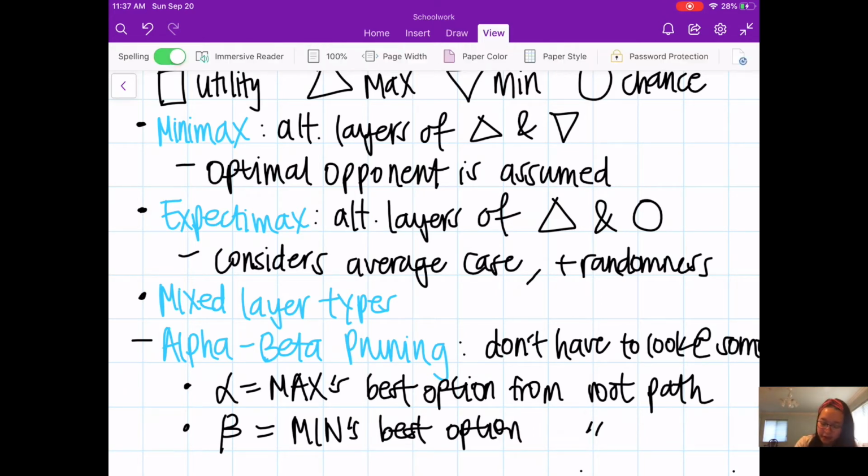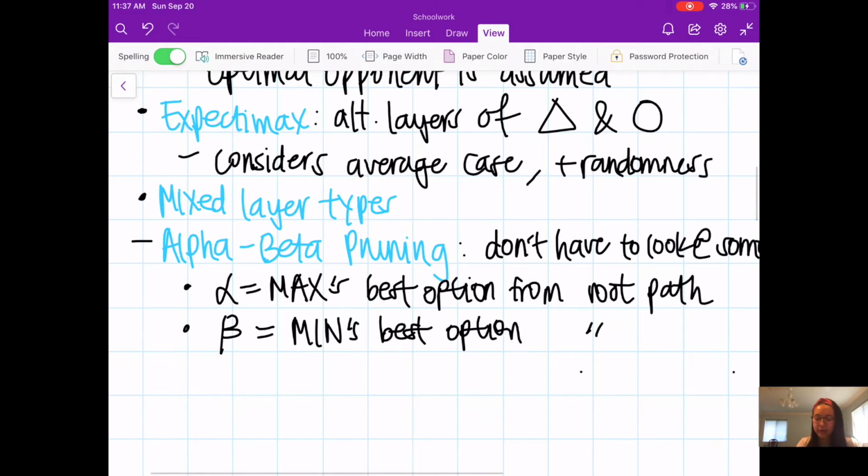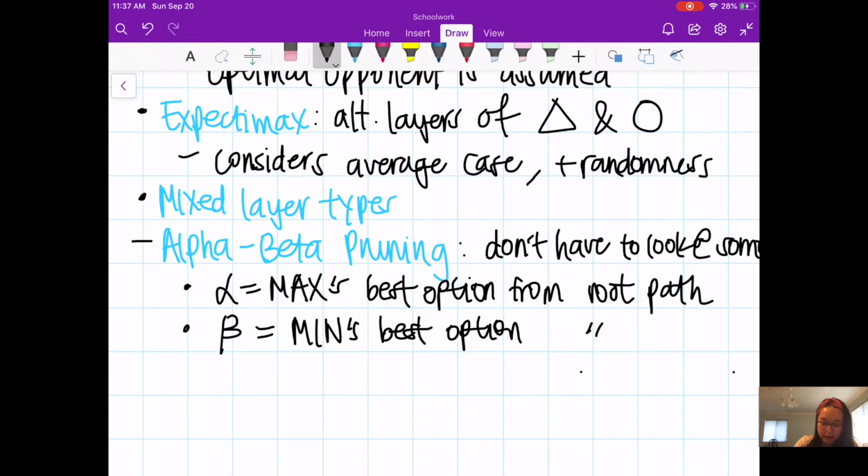For more details on how alpha and beta are incorporated into the algorithm, I really recommend looking at the pseudocode included in the lecture slides. But in general, one thing to keep in mind about alpha beta pruning is that you never prune the leftmost branch.